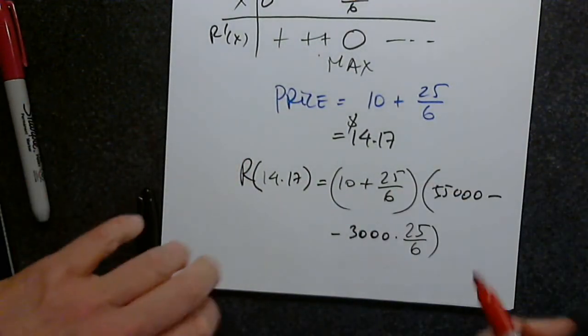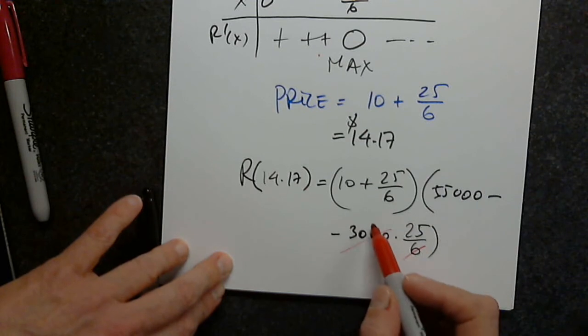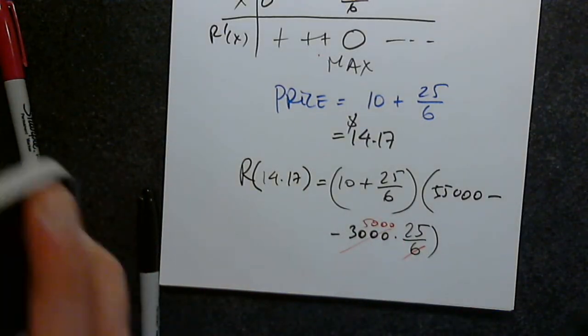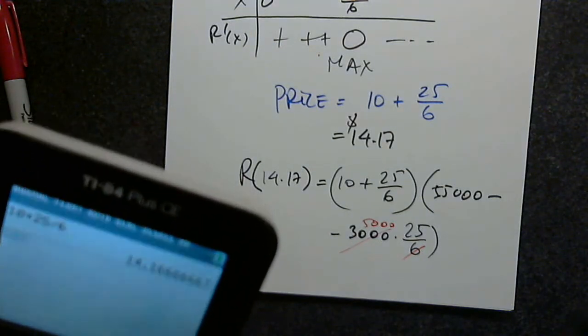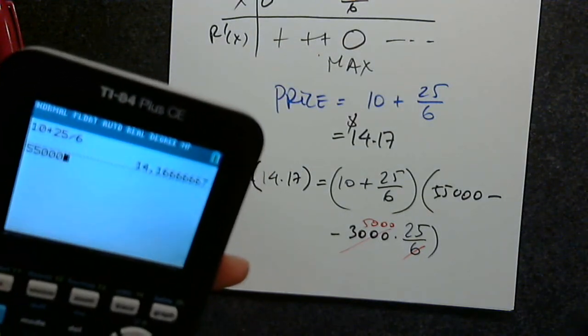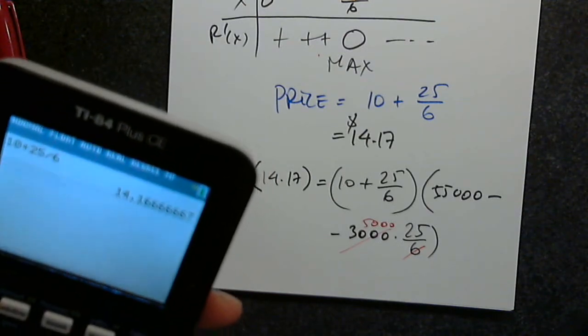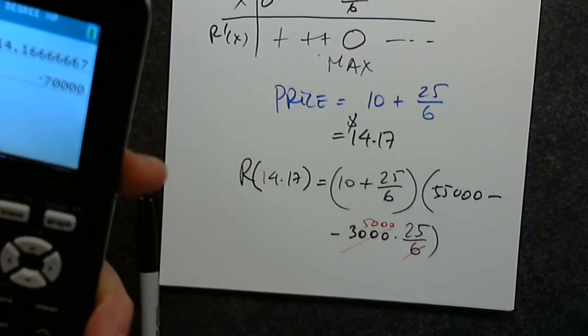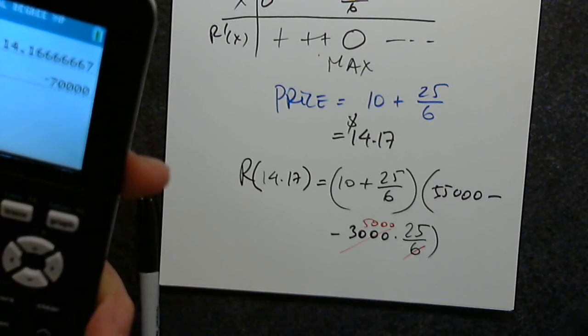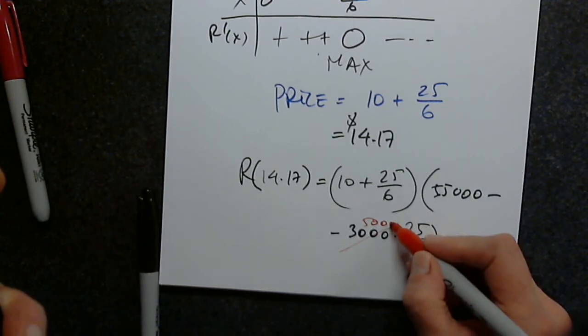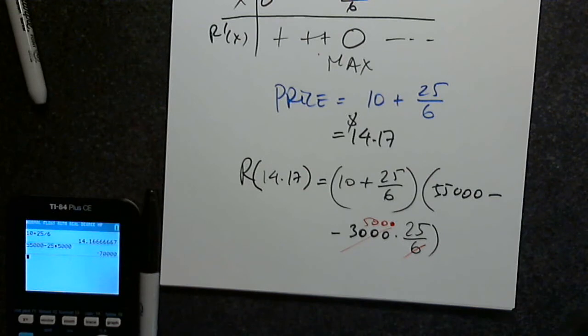So I can simplify, because this is 5,000. So then 55,000 minus. Oh yeah, of course. I said, how can I get a negative number?